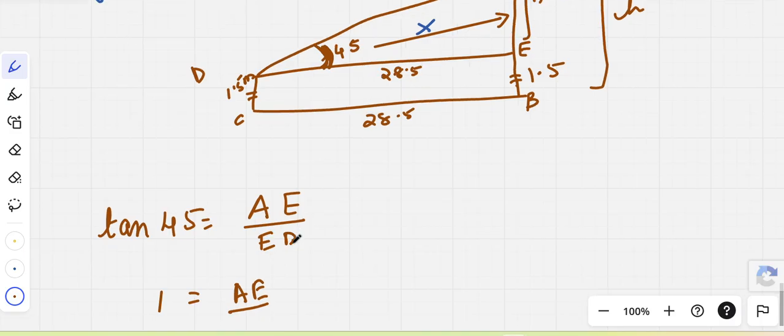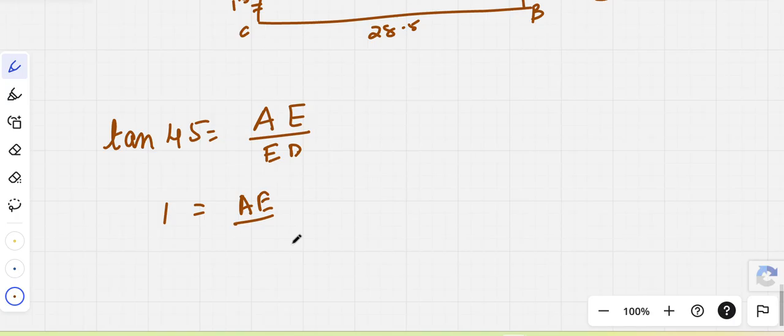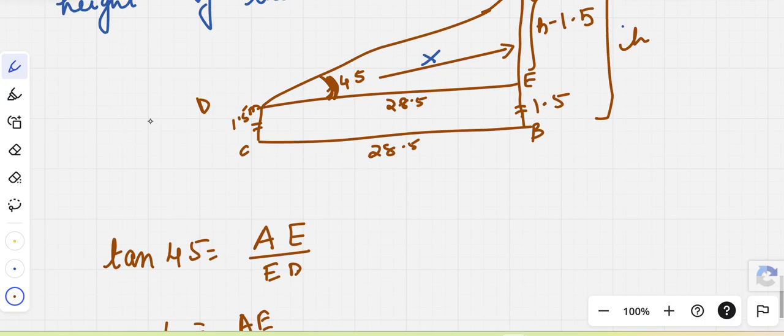But it's very super easy because of the tan. As tan 45 is 1, you can say ED is equal to AE. Now, how much is AE? ED is 28.5.